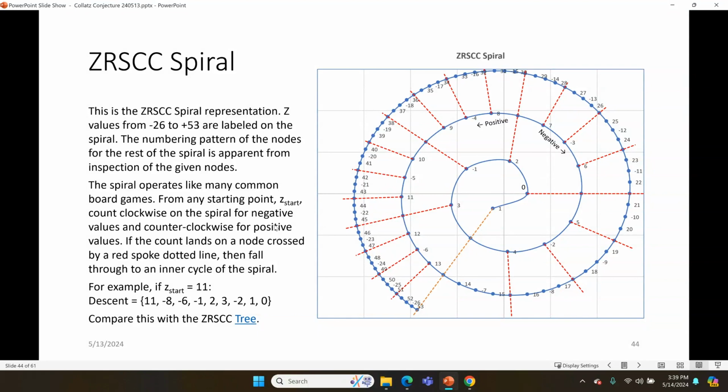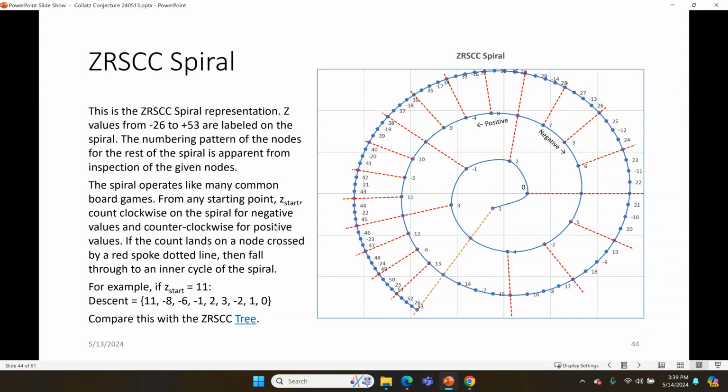and they go every fourth node, and then the other fourth nodes are branching nodes that go down to a branch on an inner cycle. It's a spiral, so the blue line there is the spiral cycle, and the branches are spokes that radiate out from the numbered nodes that are the base value for the spokes.